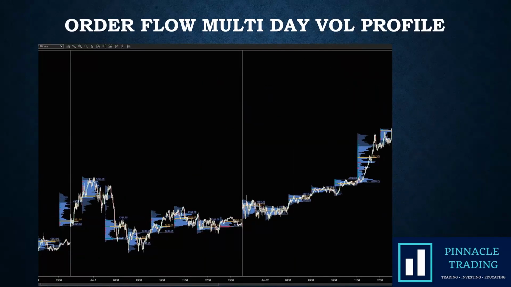Anything more than that, you could do a 2-week profile, and then maybe use the most traded levels to show you a weekly pivot area, but that's really only important if price is near that area. If price isn't anywhere near that area, then you shouldn't be focused on that. If it's trending toward one of those areas, then maybe start to pay attention to it as a potential target area, maybe where you might exit a position, or where you might try to trade a reversal off of that area. So this is a multi-day volume profile.